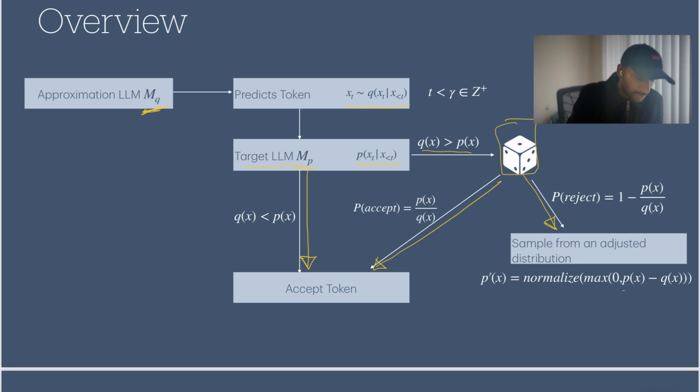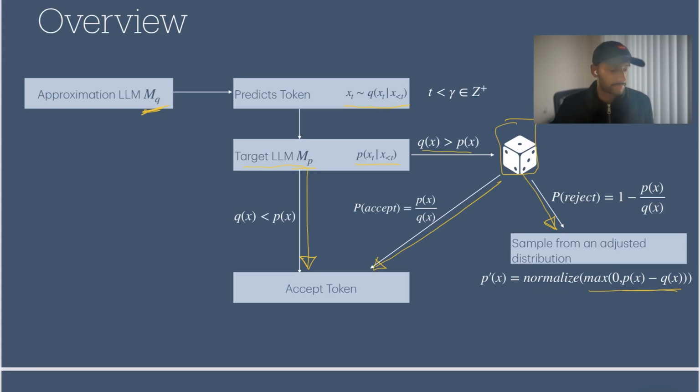So that is this part here, P of X minus Q of X. And we are performing this max operation with a zero. So in cases where Q of X is greater than P of X, that is where maybe the approximation LLM is making mistakes, we simply assign a zero probability. So we really would like to accentuate the areas in the probability distribution where the target LLM is higher than the approximation LLM, and we would like to sample from that.